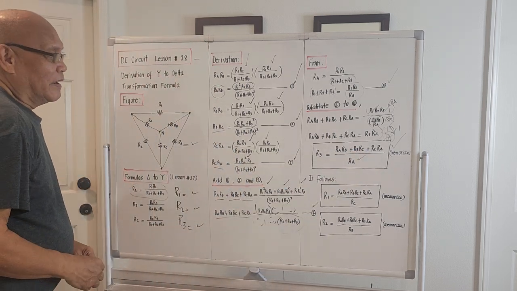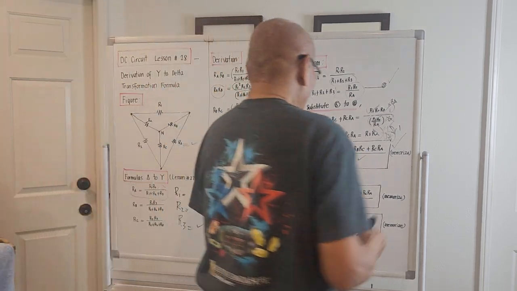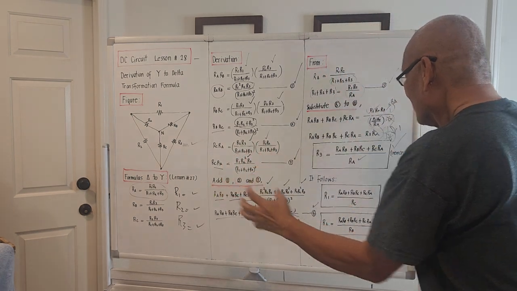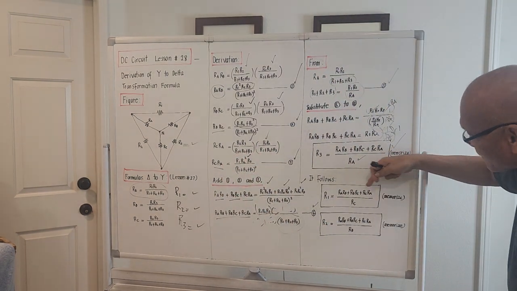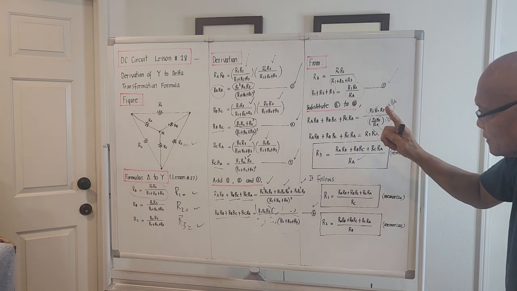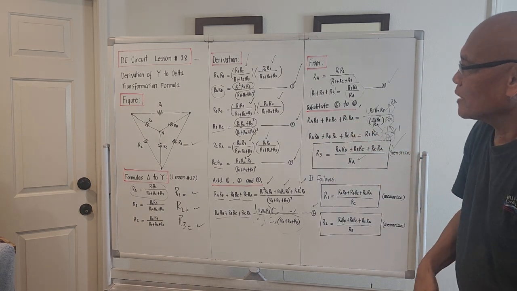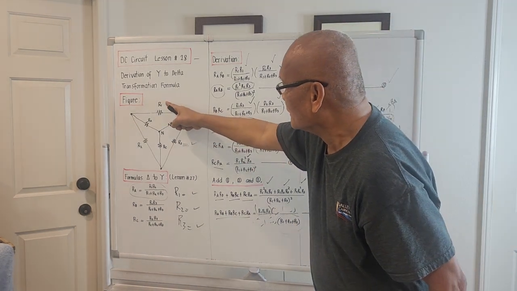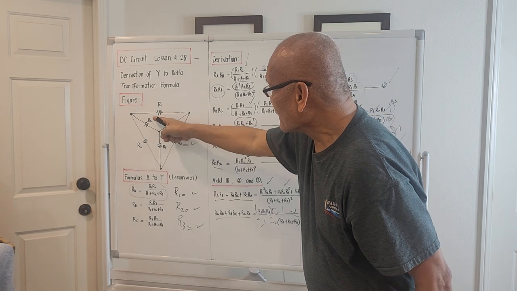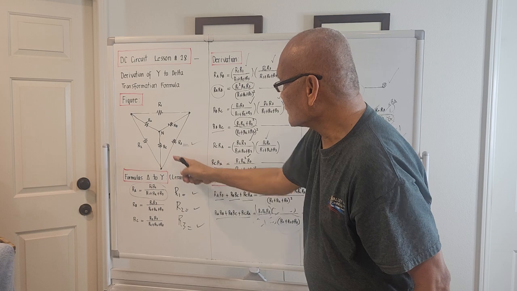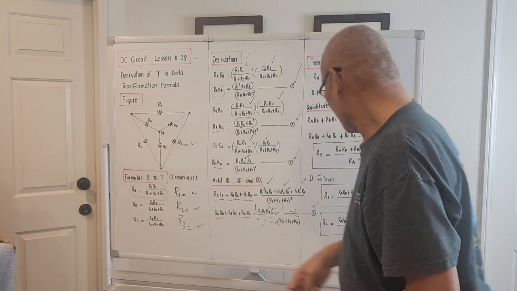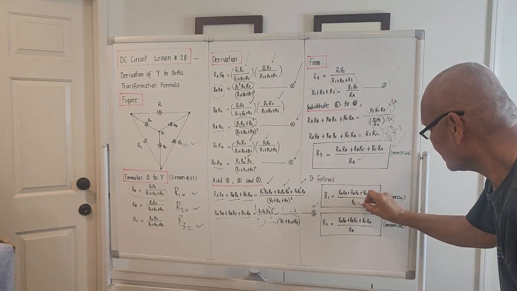And it follows that by following this orientation here, if we compute for R sub 1, it will still be the same numerator, RARB, RBRC, RCRA, but the denominator should be R sub C. So this is R sub C.